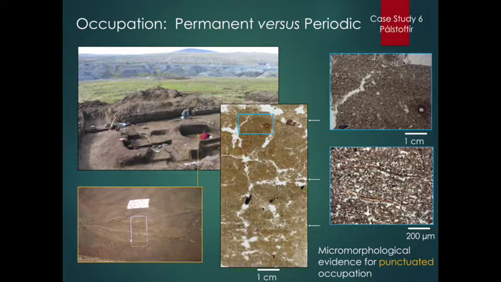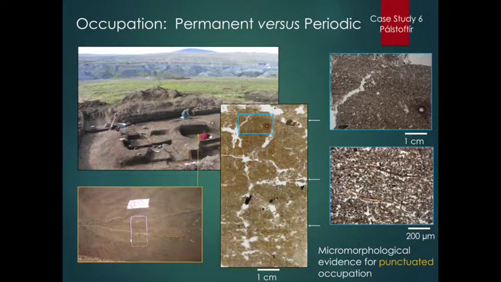And this is the case not just for Icelandic sites, but also for Scottish ones. We've done ethnographic work on really recently abandoned sheilings in the Western Isles of Scotland. And there also we have the signature of thin occupation deposits and quite thick accumulations of sand that accumulated during the winter times when the site was not occupied, and then another thin occupation layer.